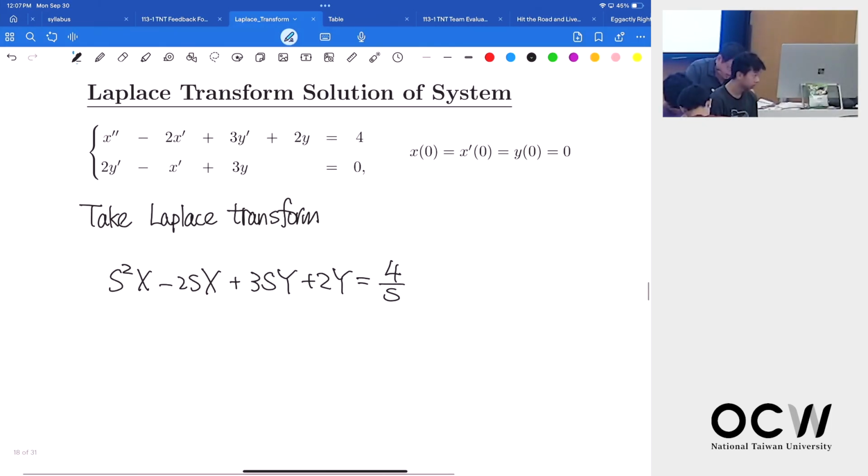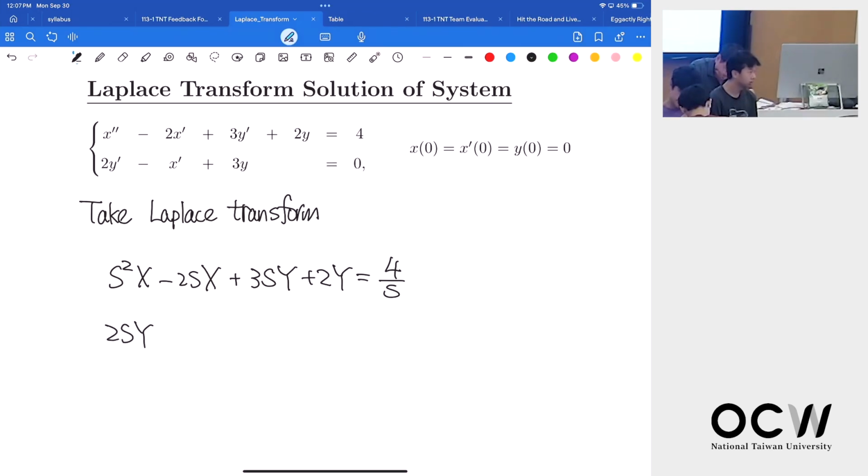And the second equation, 2sy minus sx plus 3y, that's 0.